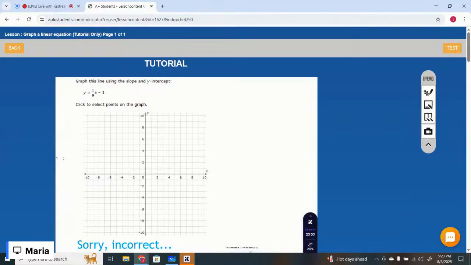Graph the line using the slope and the y-intercept. So you are given the line y equals 1 over 9x minus 1.